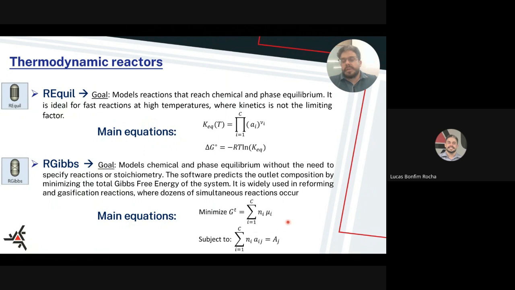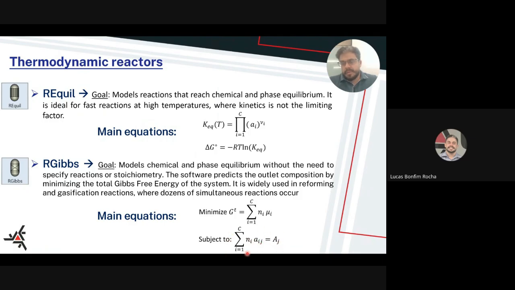So it works by solving an optimization problem, in which the objective is to minimize the Gibbs free energy of our system. Okay, and it is also subject to constraints for closing the mass balances and the energy balances.